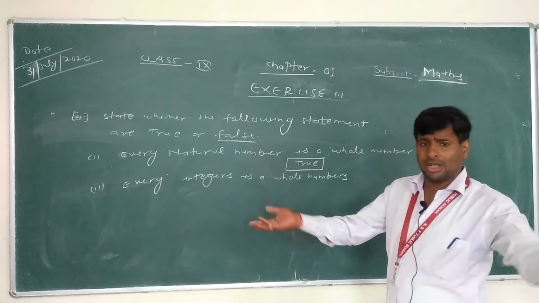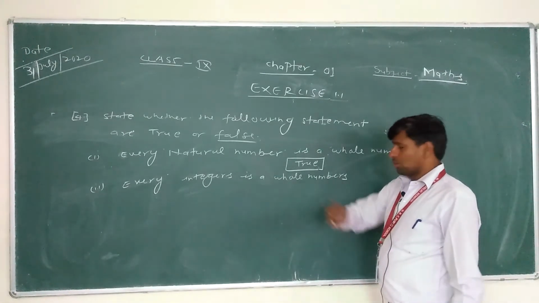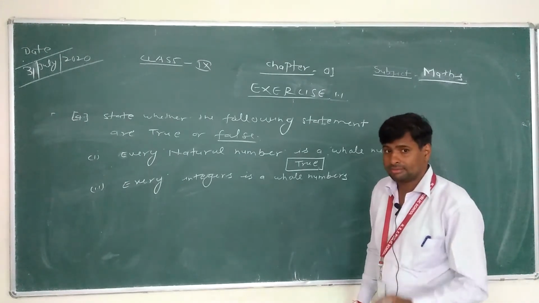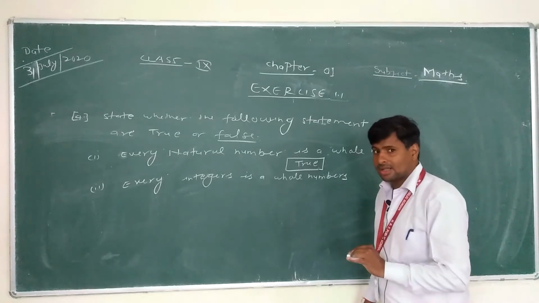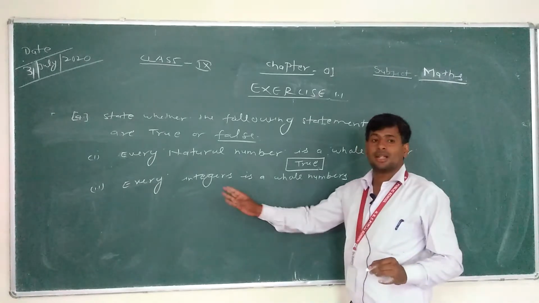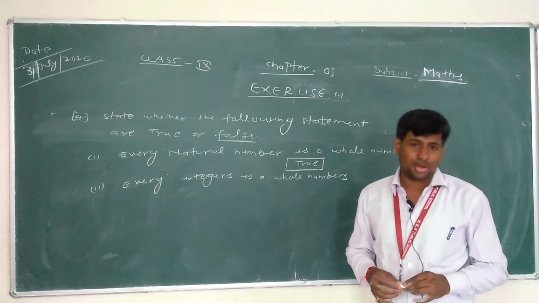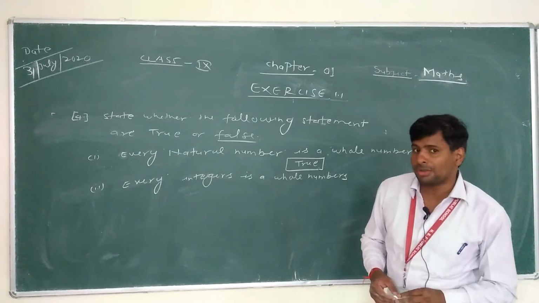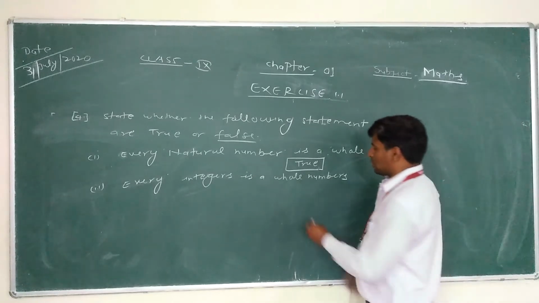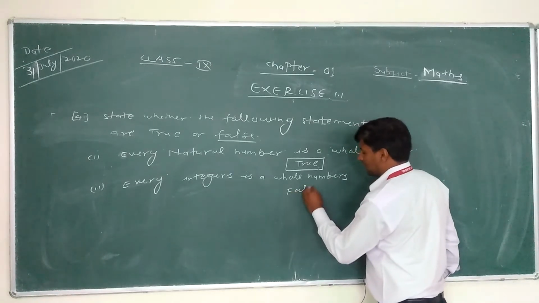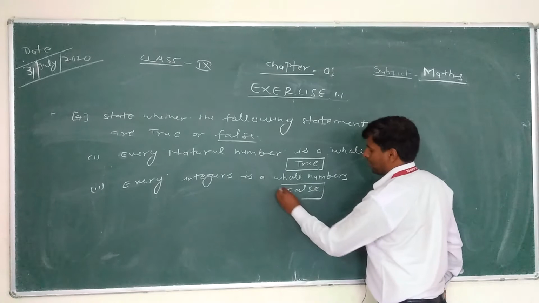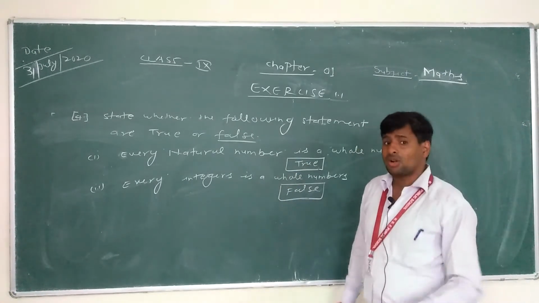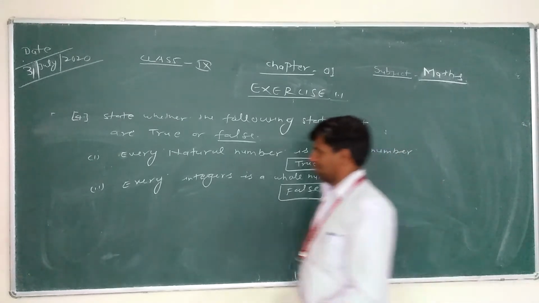Every natural number is a whole number, every whole number is an integer, but every integer is not a whole number, because negative numbers are integers, but negative numbers are not whole numbers. So this statement is false. All statements depend on the basic concept of the number system.